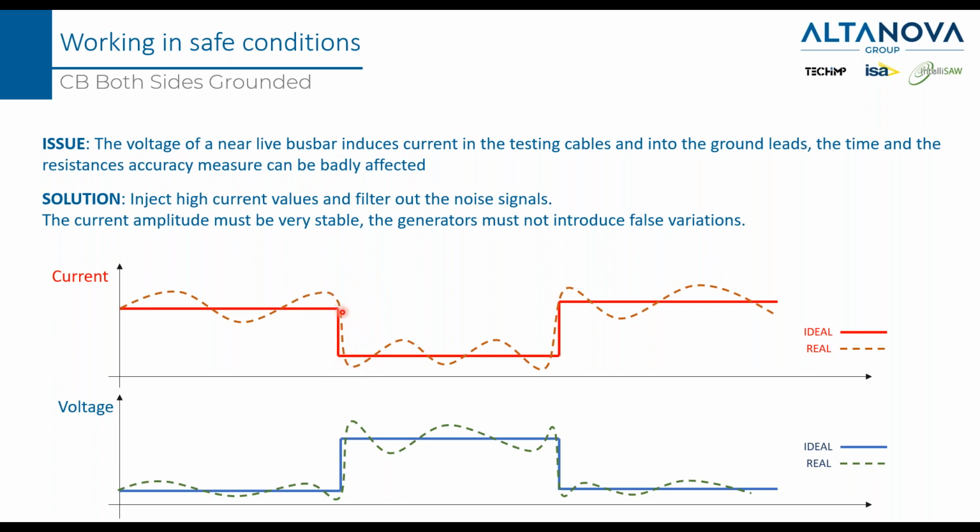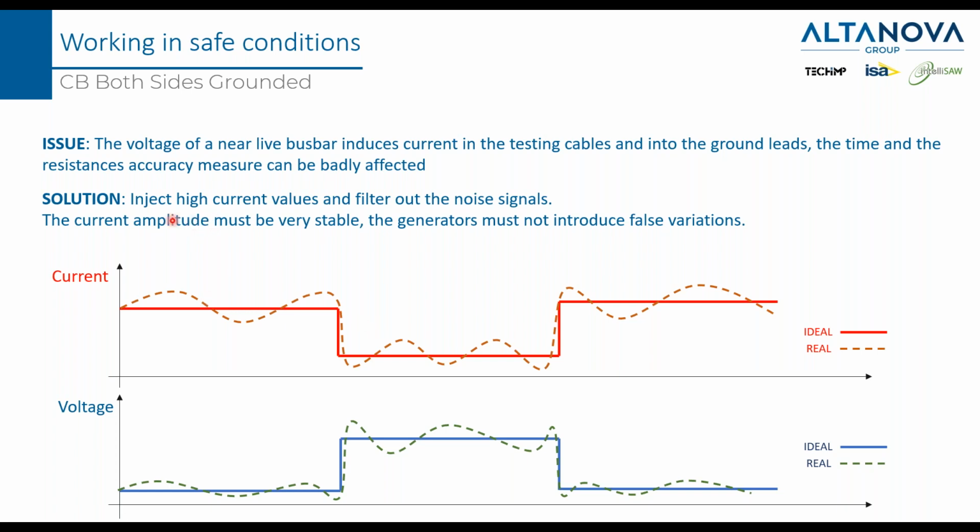If this step is not very fast, due to a superimposed signal, then the immediate effect is that your time measurement will not be accurate. So you really need to take precautions when you acquire this signal in order to measure the time.